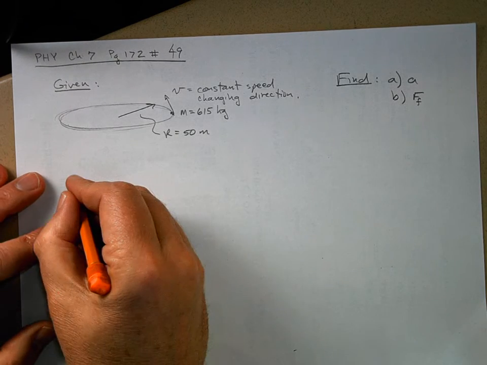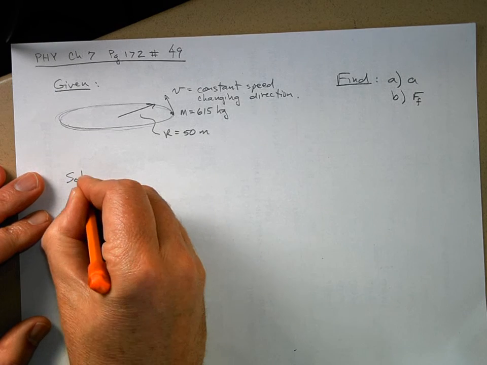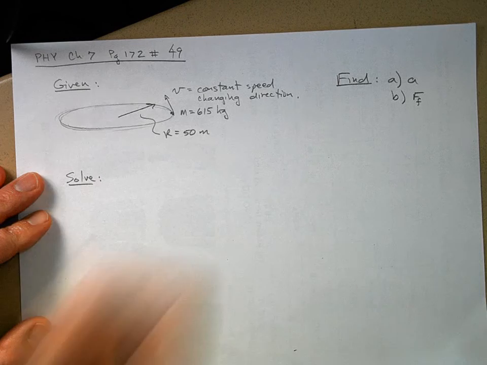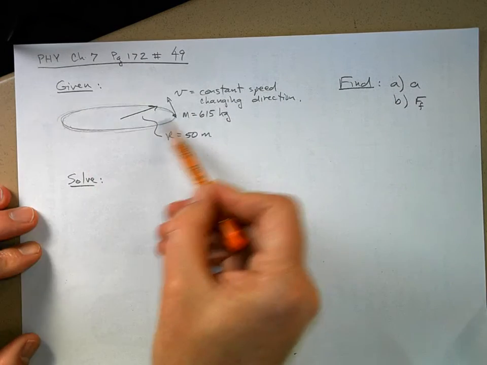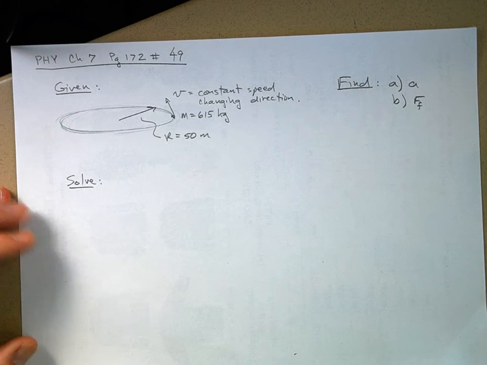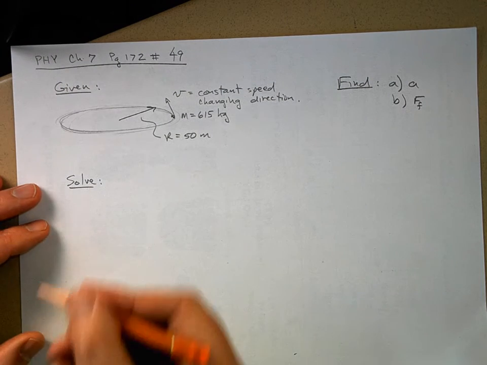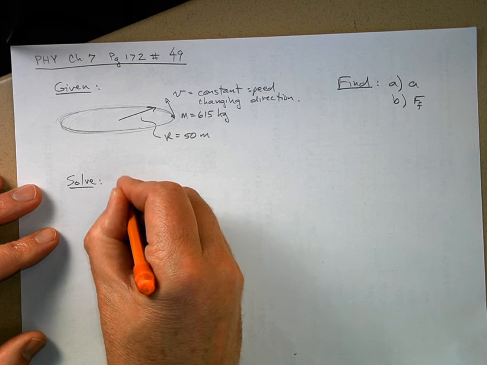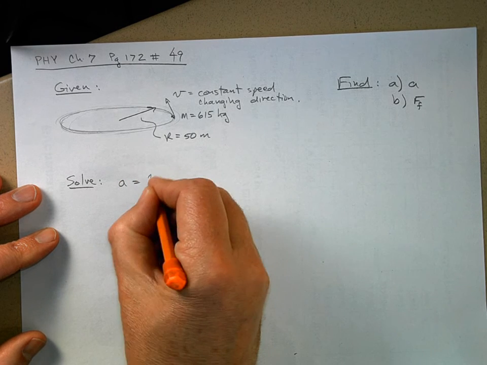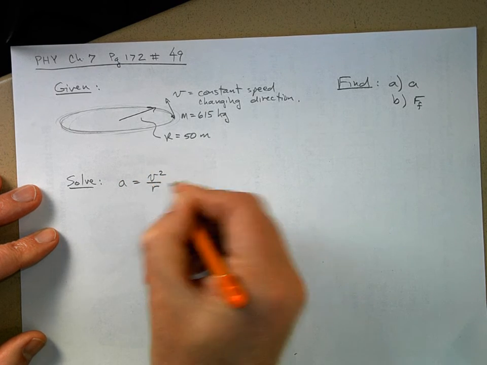So let's solve it. Now we want to find the acceleration. If you have a car that's in uniform circular motion like this, you can say the acceleration is going to be equal to v squared over r.